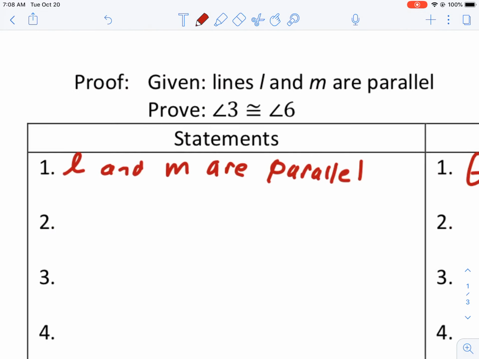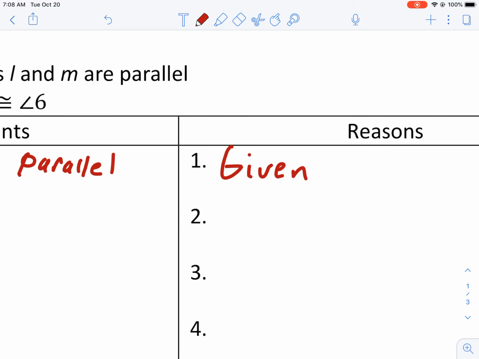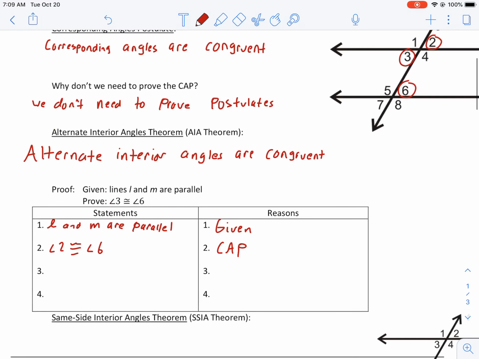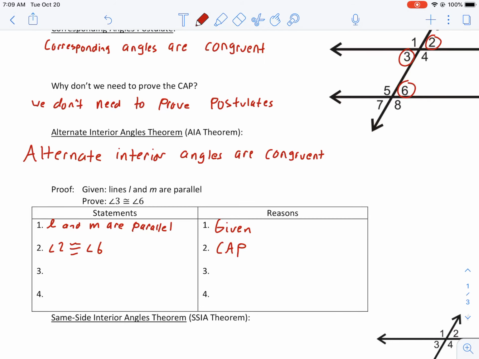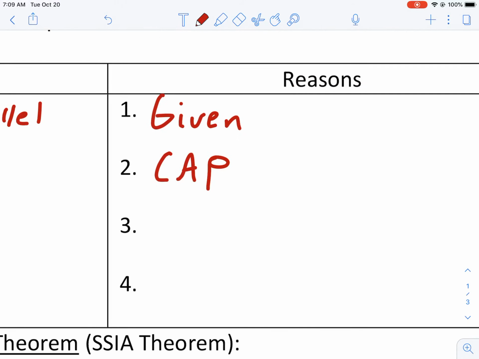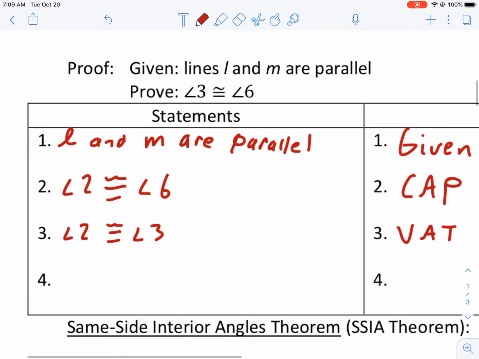So maybe you see where I'm about to go here, but we can say angle 2 is congruent to angle 6, and that would be by the corresponding angle postulate, the one we just used above. I also know that 2 and 3 are congruent, and that is from the vertical angle theorem. And so now you can kind of see what we've got set up here.